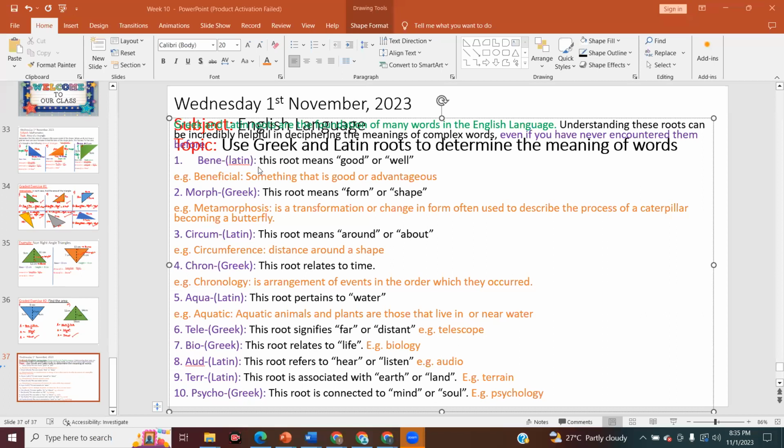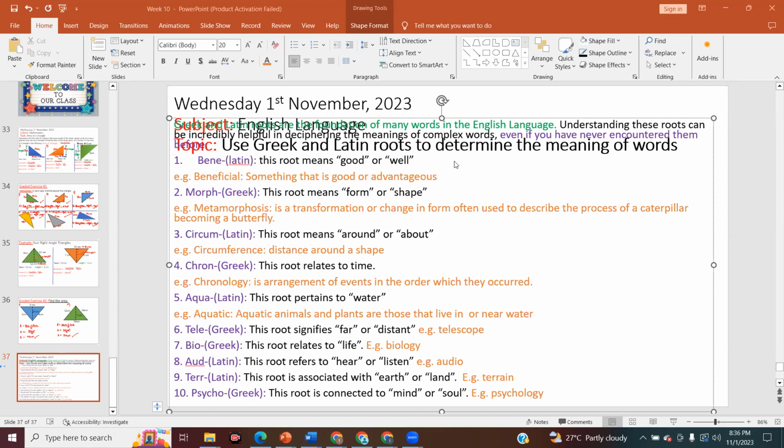Chardonnay. Okay, so Naya says aquaculture. Dion says benefit. Stane says biograph. Good. Chardonnay says psychopath. Janelle says telephone. Andrew says psychopath. I did not use cardio. Terrorist, yes. Auditorium, I like that one. Circumcise, I like that, Bevan.